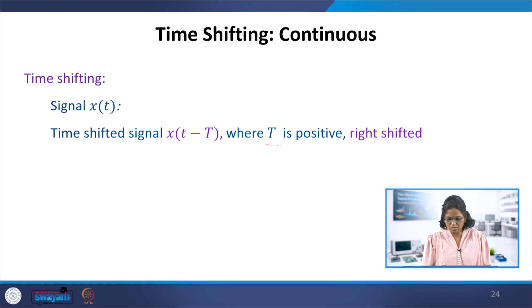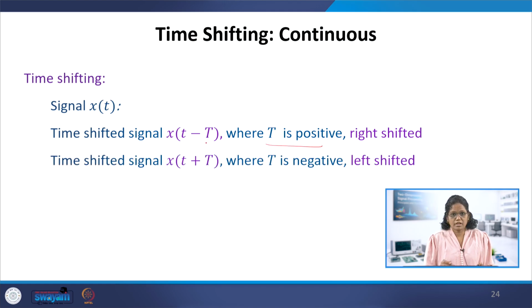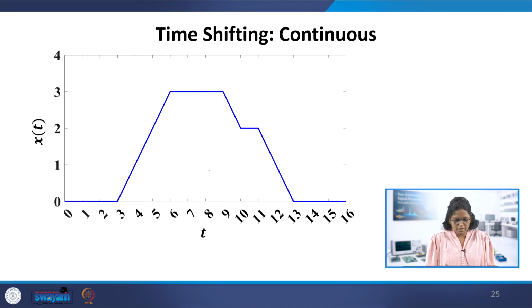Where T is a positive number, the signal is right shifted, and it is going to be x of t minus T. If it is left shifted, that is T is negative, it is x of t plus T. So these are the operations performed on this x of t. It can be right shifted or left shifted, delayed to the right side or the left side. So let's see the signal x of t, which is continuous in time, and continuous in amplitude as well.